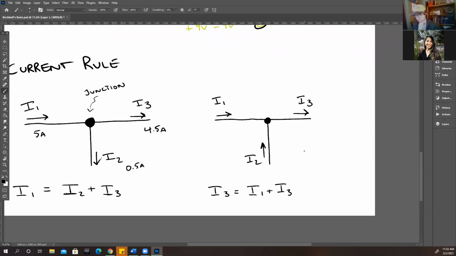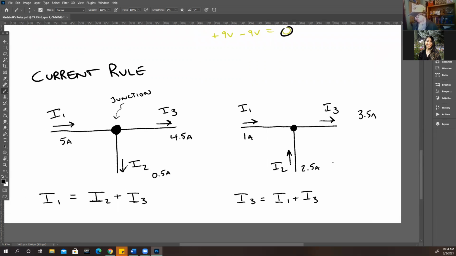I could just put in values here. Coming into the junction, 1 amp. And from this direction, 2.5 amps coming into the junction. We expect that this third current over here should be 3.5 amps. And we don't even have to measure it, since we know that will follow Kirchhoff's current rule, or junction rule.